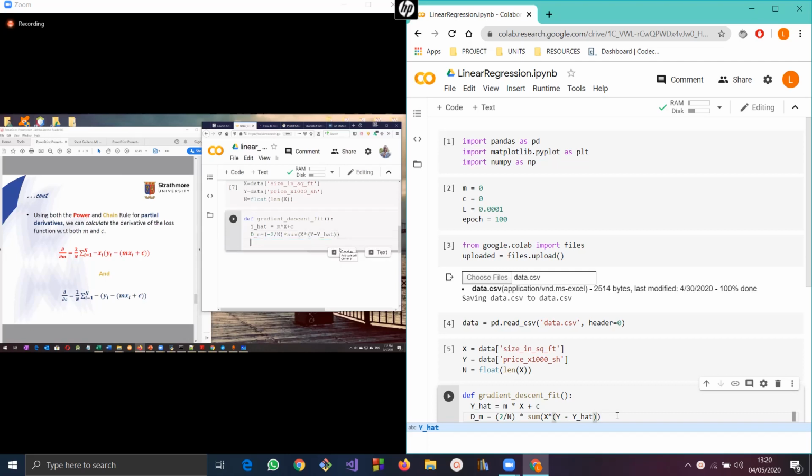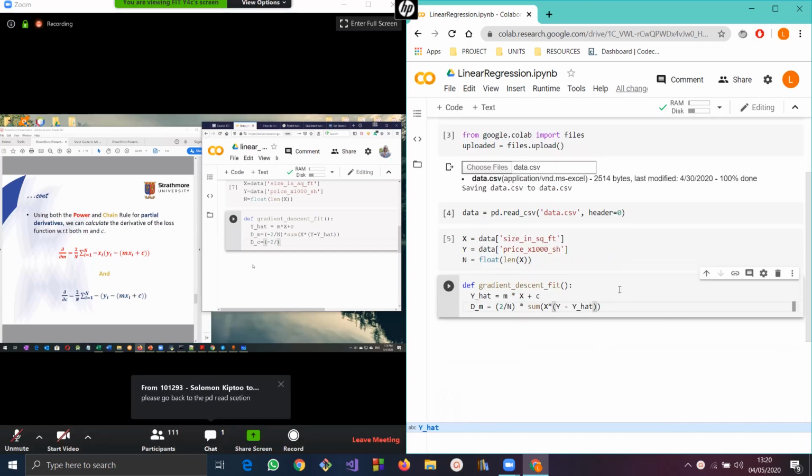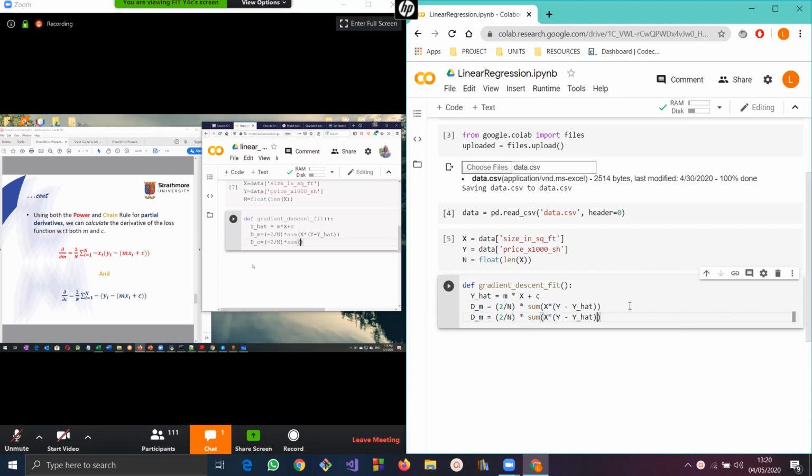And also type the derivative with respect to c. Also, there's a negative here. By the way, you need to do these partial derivatives by calculation so that you see. So negative 2 over n, and I've already done the negative there, so I just multiply by the sum, and this is going to be y minus y hat.